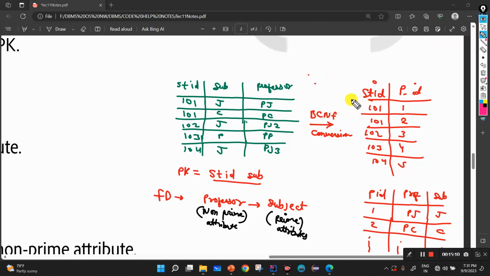For BCNF conversion, we take student ID and professor ID, 1, 2, 3, 4.